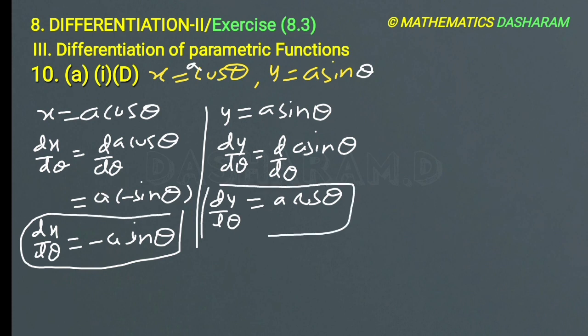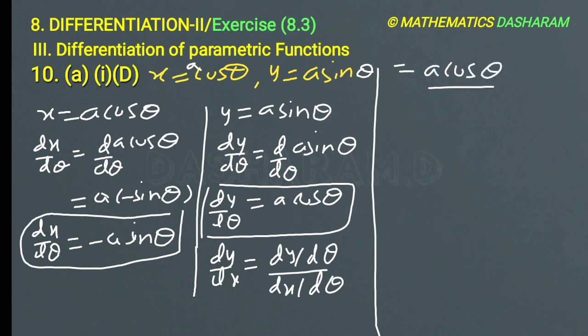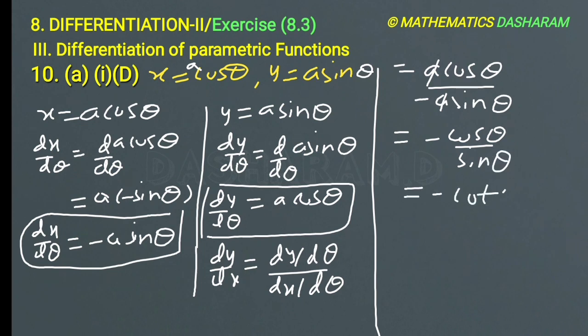Now find our required answer, that is dy by dx, equals dy by d theta divided by dx by d theta. dy by d theta is a cos theta and dx by d theta is minus a sin theta. Here a cancels, giving minus cos theta divided by sin theta. Cos by sin is cot, so minus cot theta is the required answer.